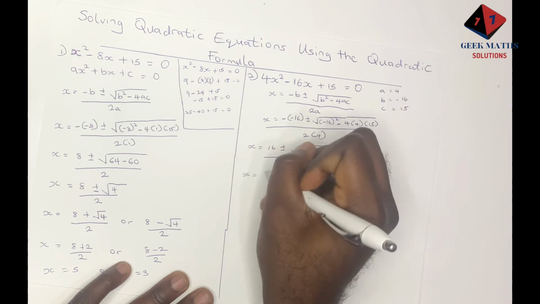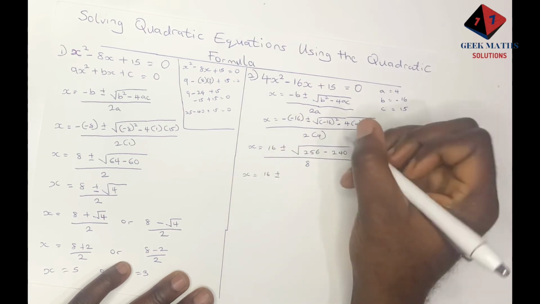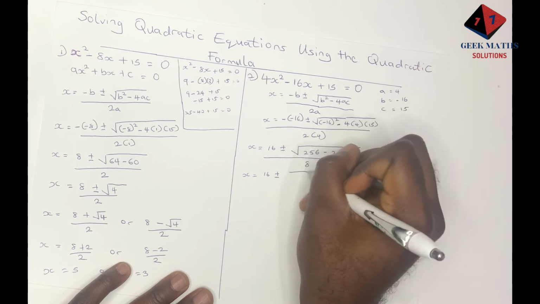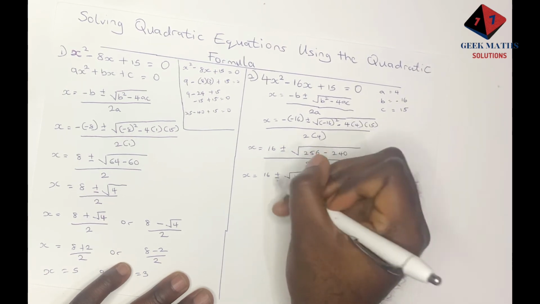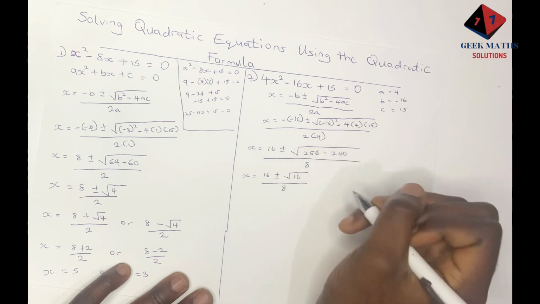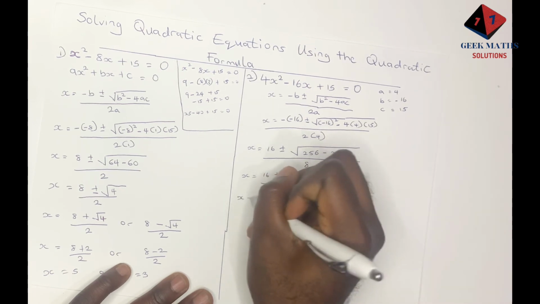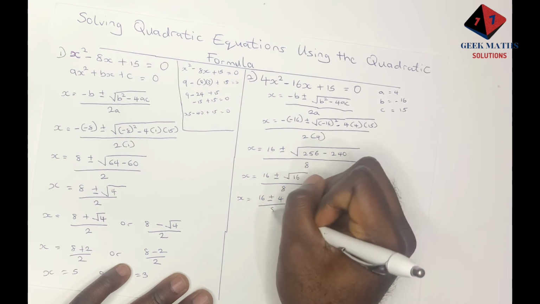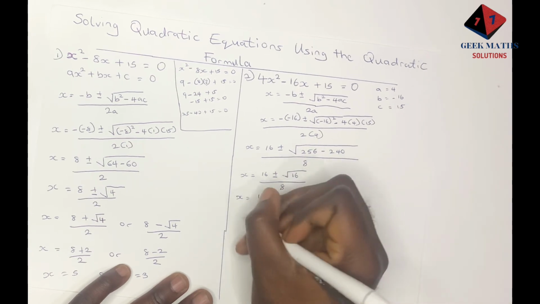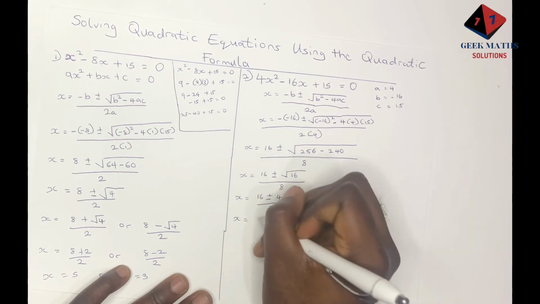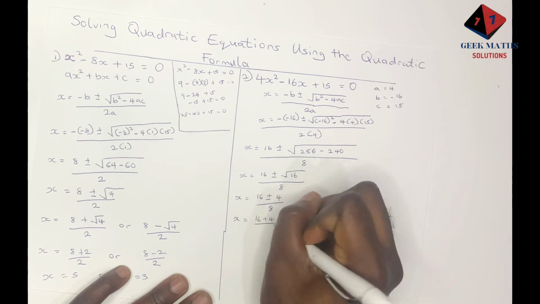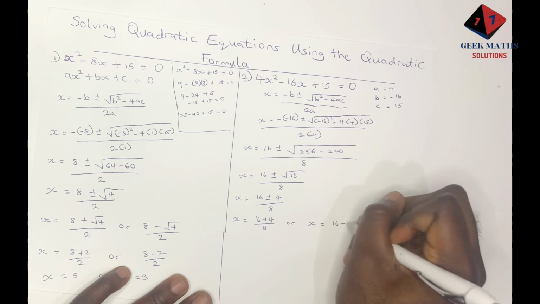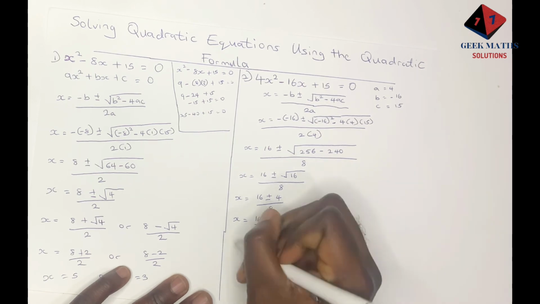So x will be 16 plus or minus the square root of 256 minus 240, which is 16, all over 8. The square root of 16 is 4, so x will be 16 plus or minus 4 over 8. So this can be further broken down into x is equal to 16 plus 4 over 8, or x is equal to 16 minus 4 over 8.